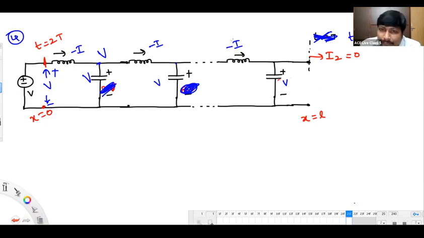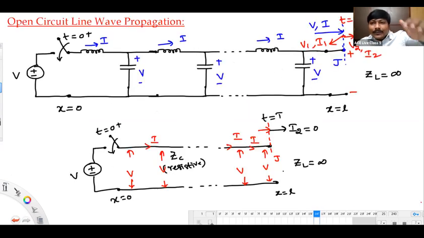Current in the line falling down to 0 means this energy will be released to the capacitor. Listen kindly. Earlier, in the first propagation, plus I current is getting discharged, and voltage is becoming double.